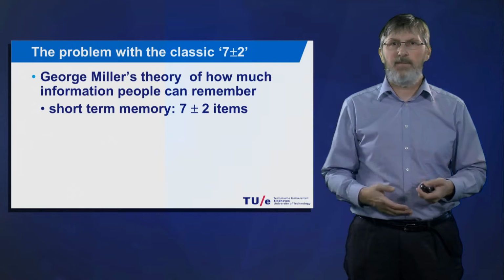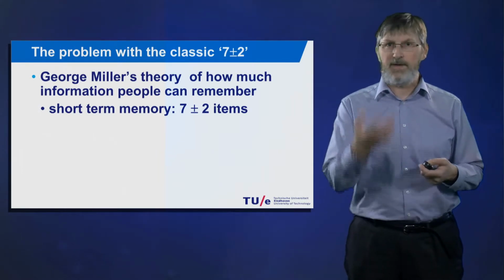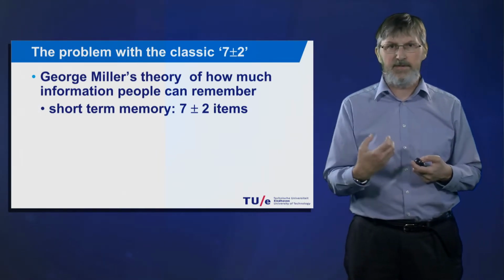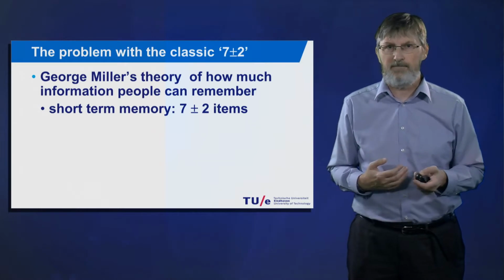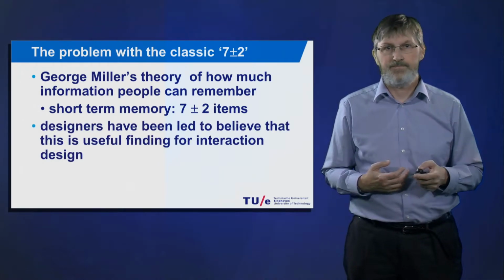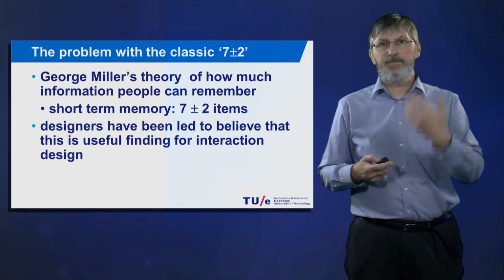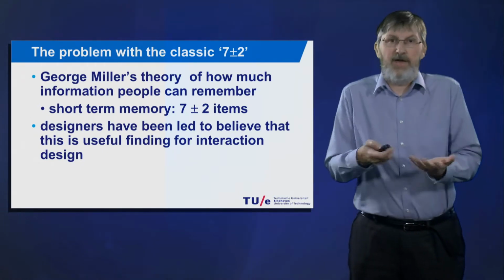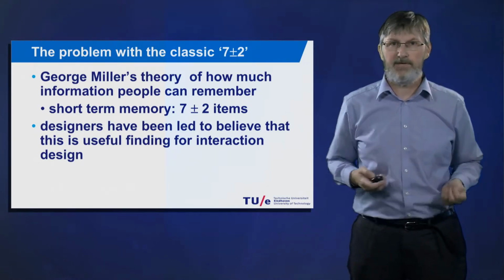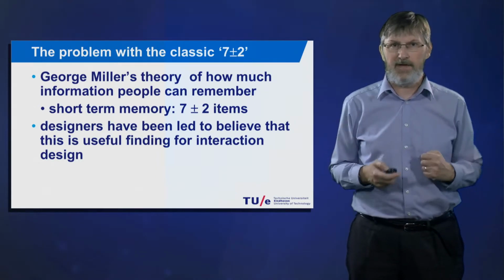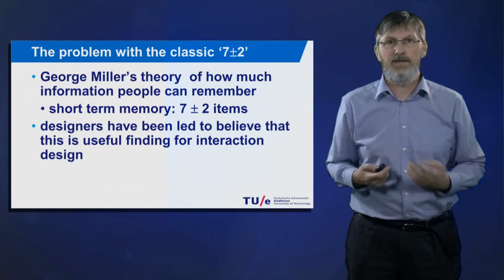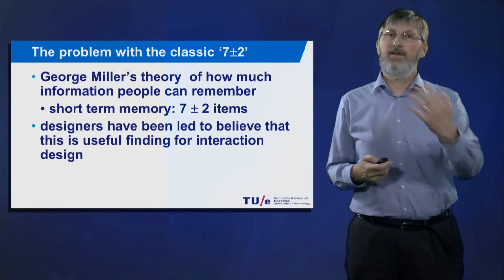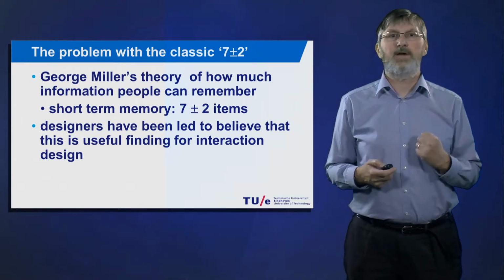If you have to remember it for a longer time, you have to concentrate on it and process it. That's no longer the short-term memory. This principle, this fact of life that we can only remember 7 things for a very short period of time, has been used in interaction design in correct and in incorrect ways, as we will see.